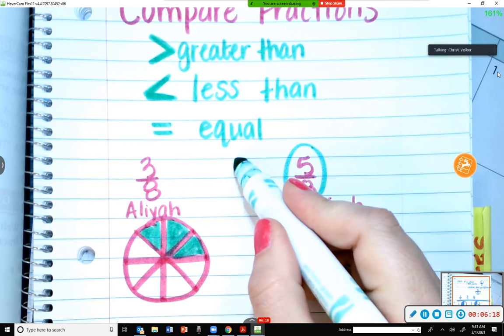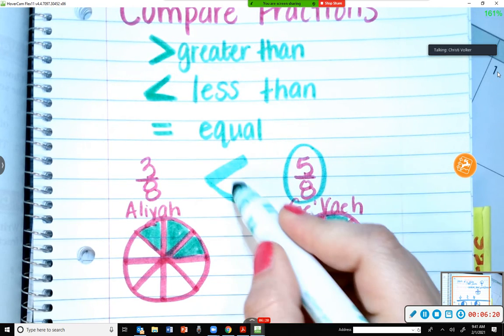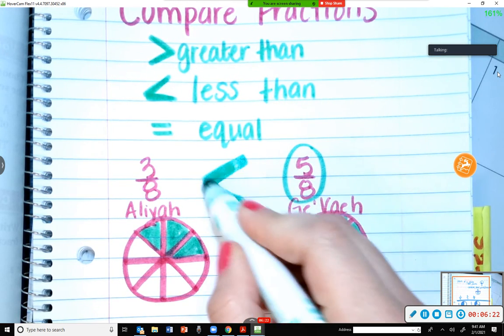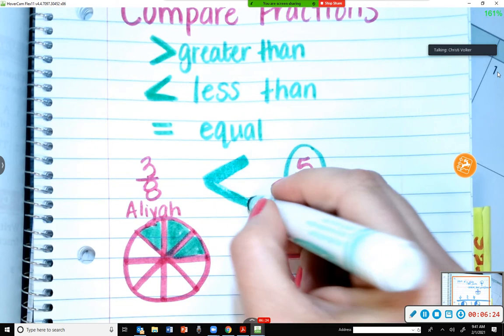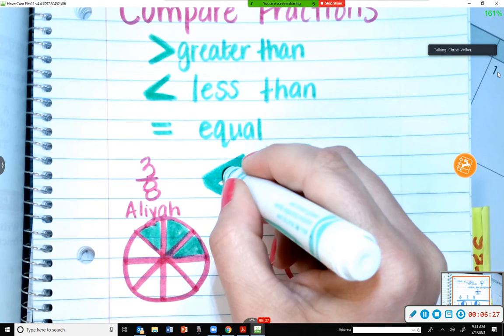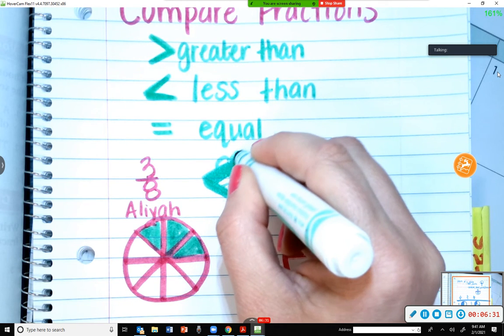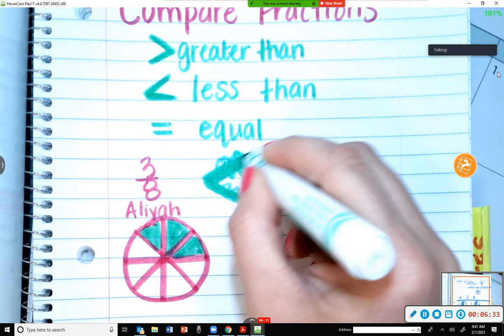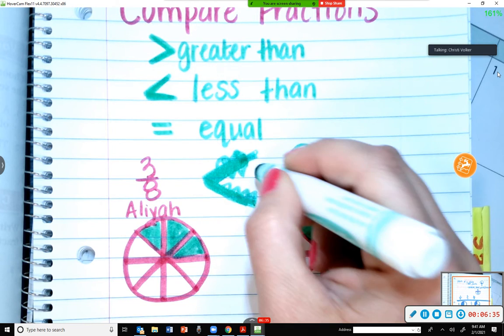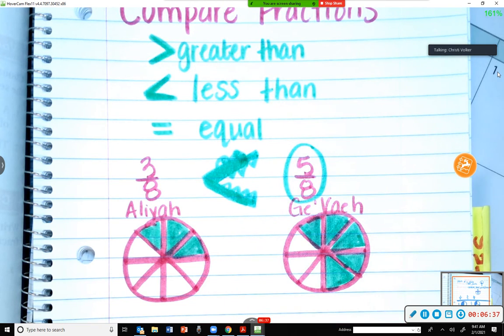The mouth wants to eat the bigger amount. Okay? You can even draw the little teeth in there to remember that alligator mouth wants to eat the bigger fraction. Okay? That's what we're going to be working on today.